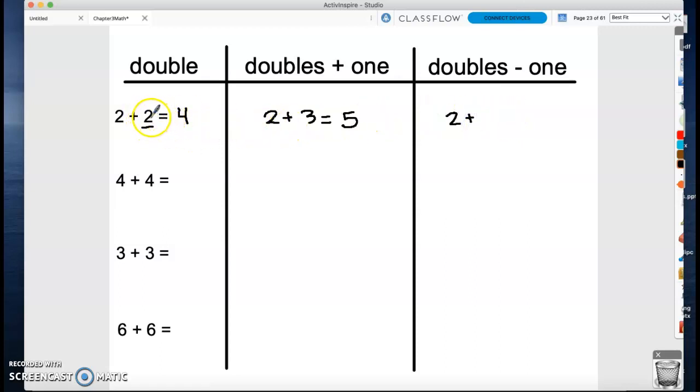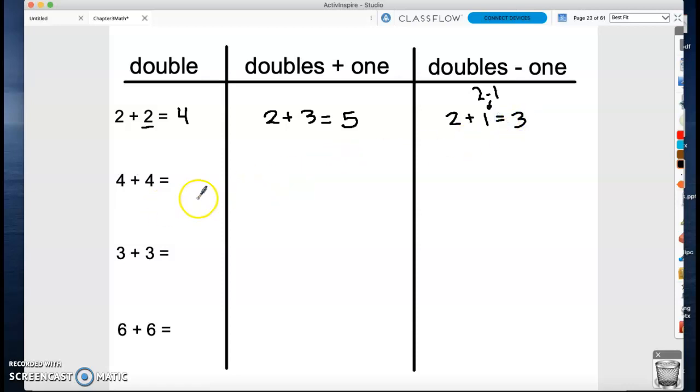So I'm going to have 2 minus 1. I'm going to take 1 away from my other add-in. 2 minus 1 is 1. So this was 2, and we're going to take away 1. And that's how we get our minus. So 2 plus 1 is 3.